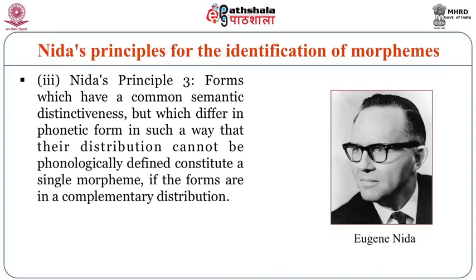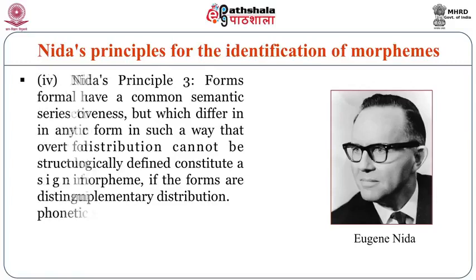Now third comes as forms which have a common semantic distinctiveness but which differ in phonetic form in such a way that their distribution cannot be phonologically defined, constitute a single morpheme if the forms are in a complementary distribution.